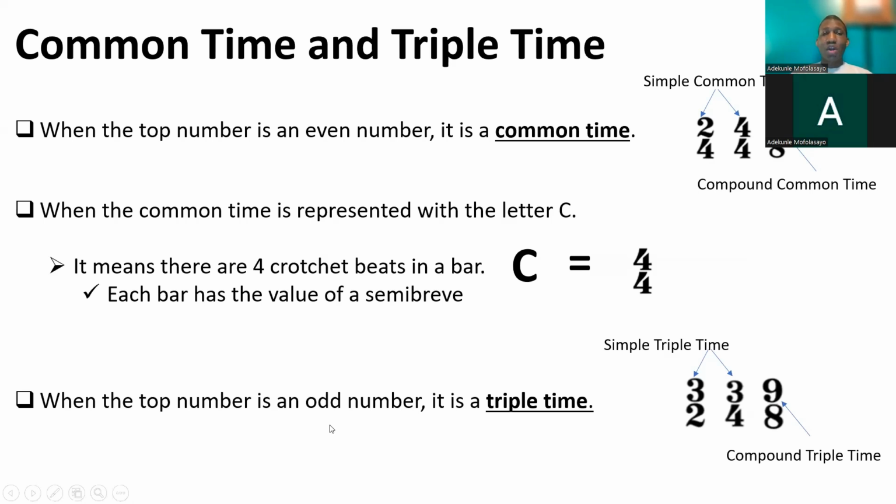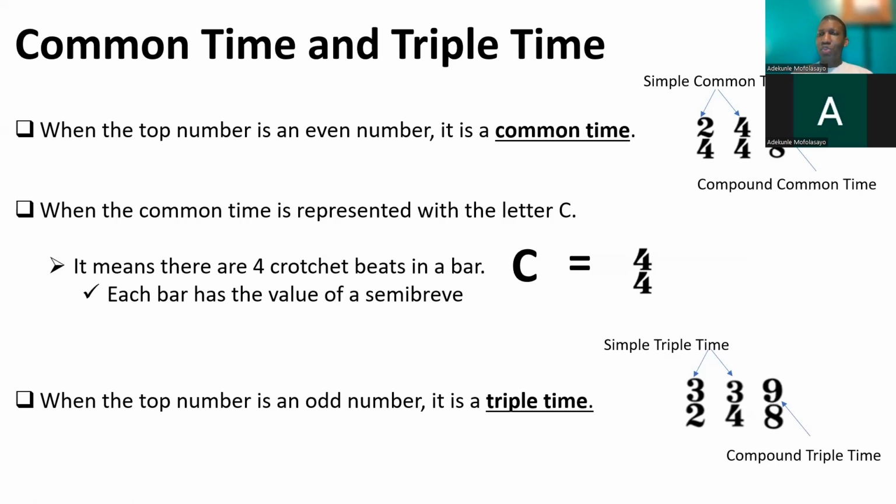When the top number is an odd number, it is a triple time. So right here, it's triple time because these are odd numbers, right? Sometimes we can call this one compound triple time because it is compound time when it is 6 or more at the top, and it is an odd number, so we call it compound triple time.